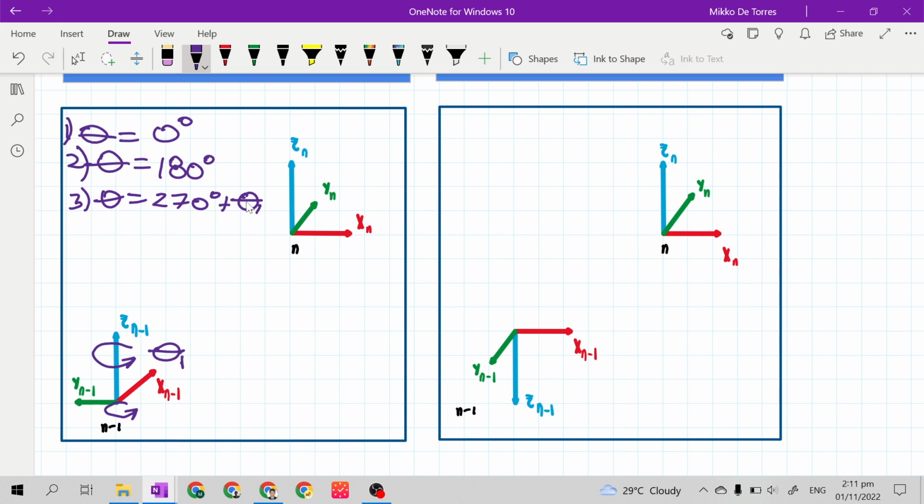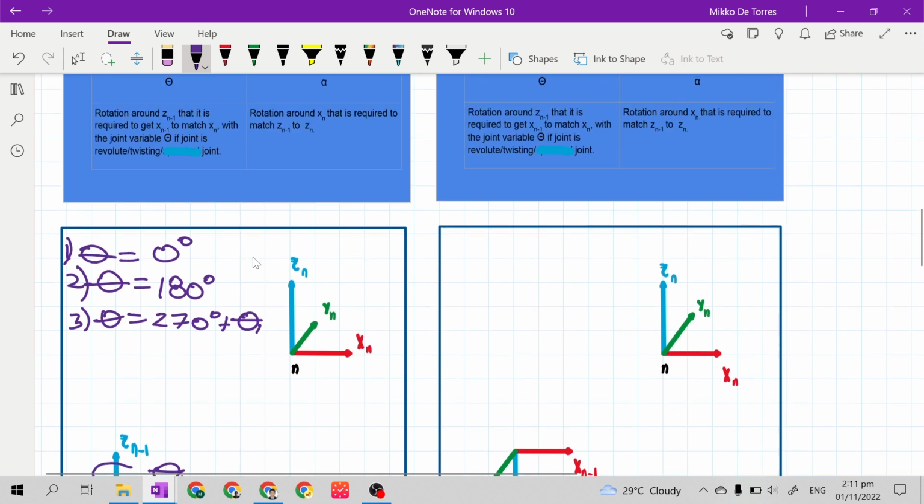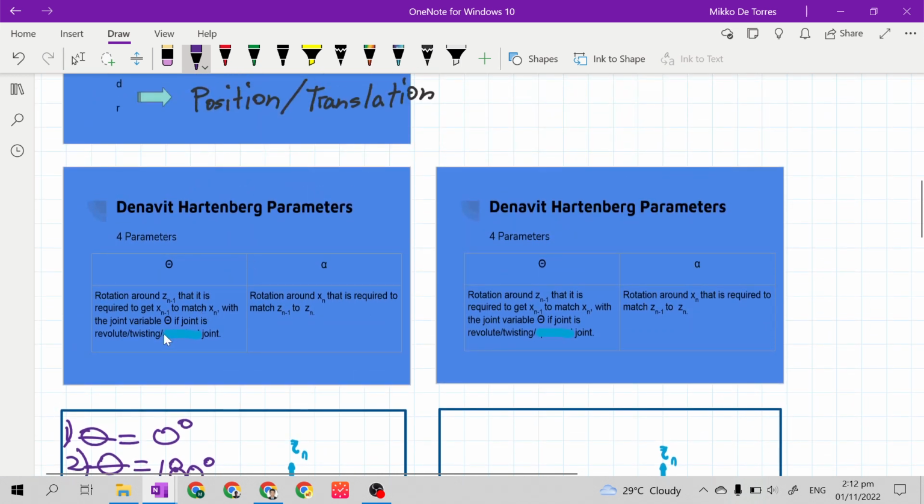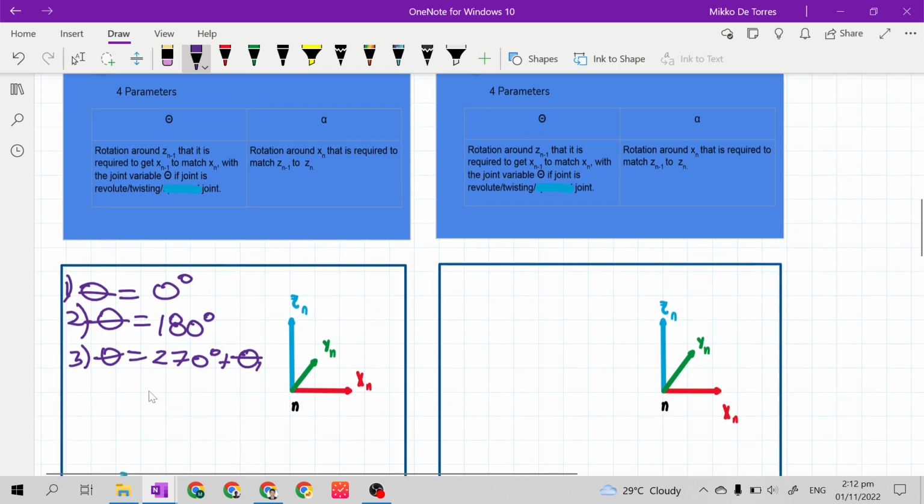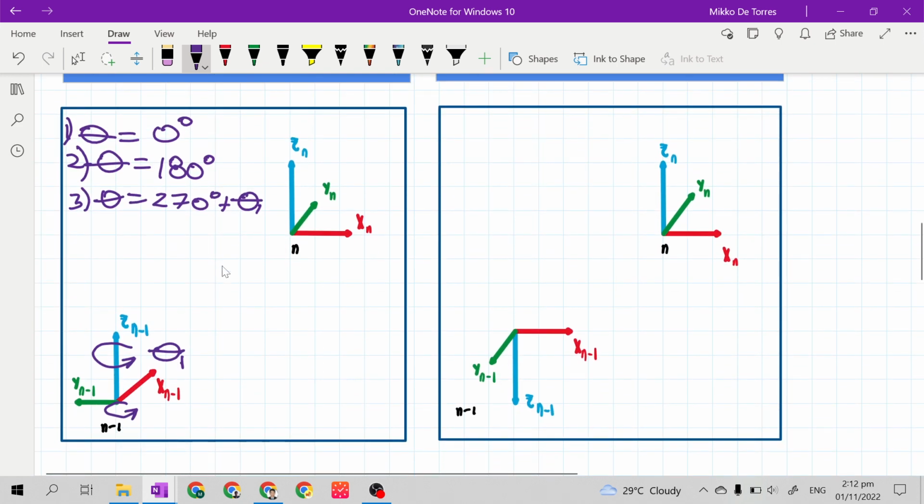Joint variable theta 1 is given if the joint is a revolute or twisting joint. Okay, so this is theta.